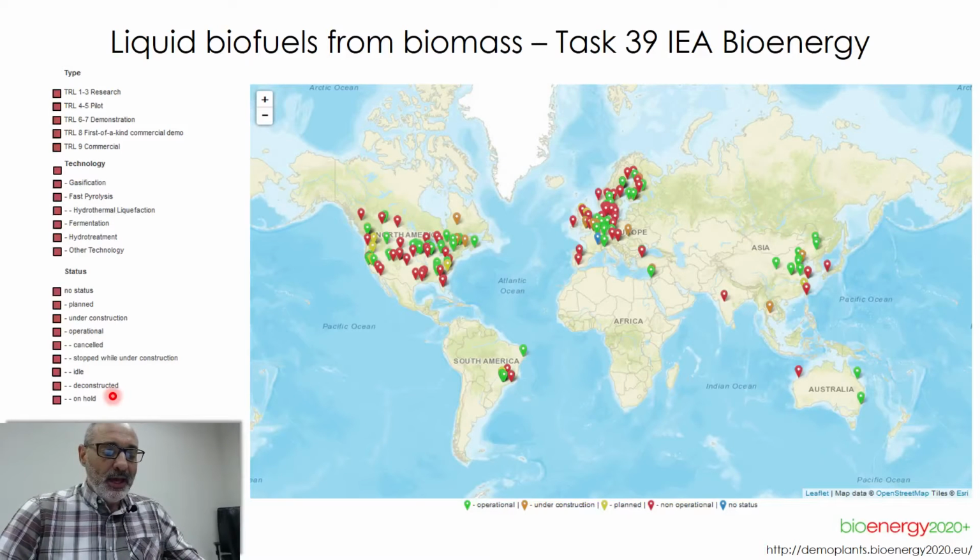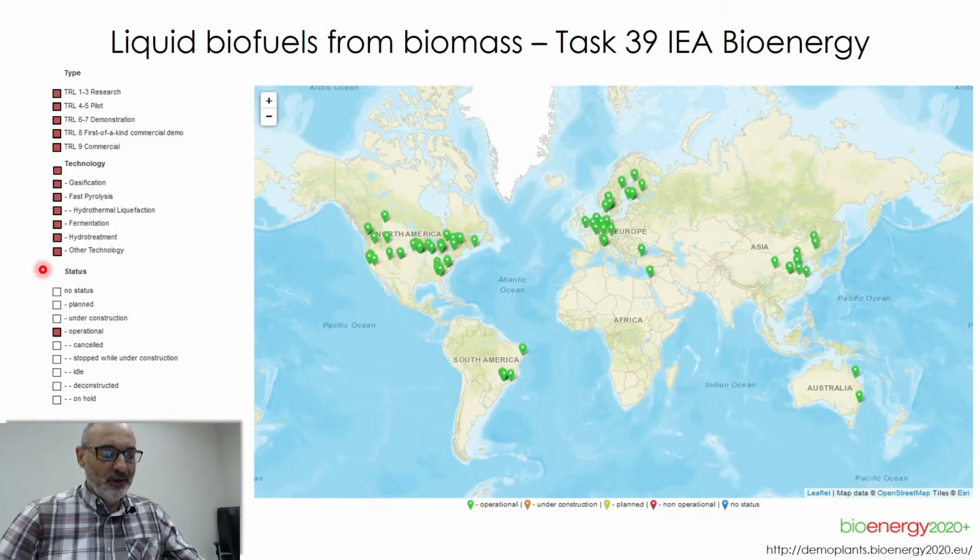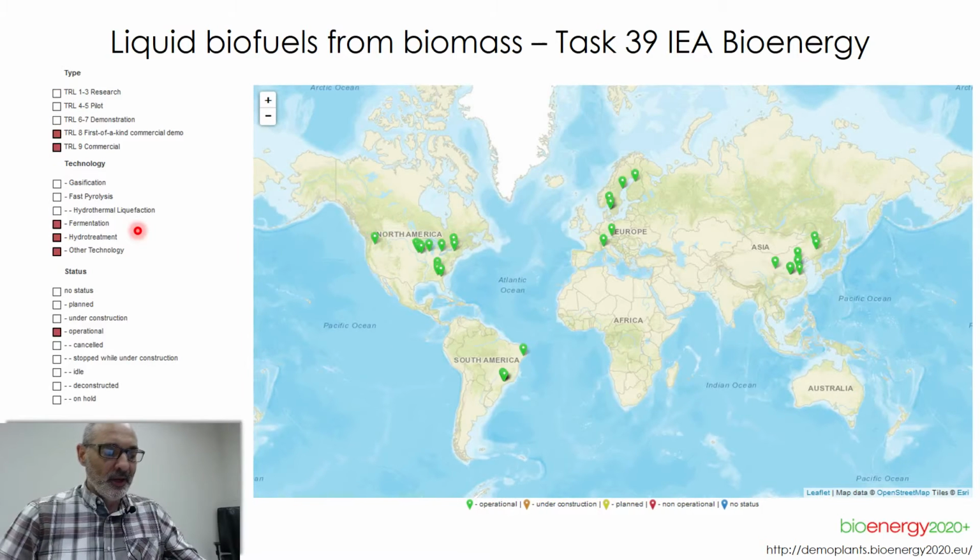So that's it. When we filter that, if we uncheck these boxes in order, for instance, to look at only the operational ones, you see the number is drastically reduced, but still at all levels of technological maturity and all kinds of technologies. So let's filter a little more.